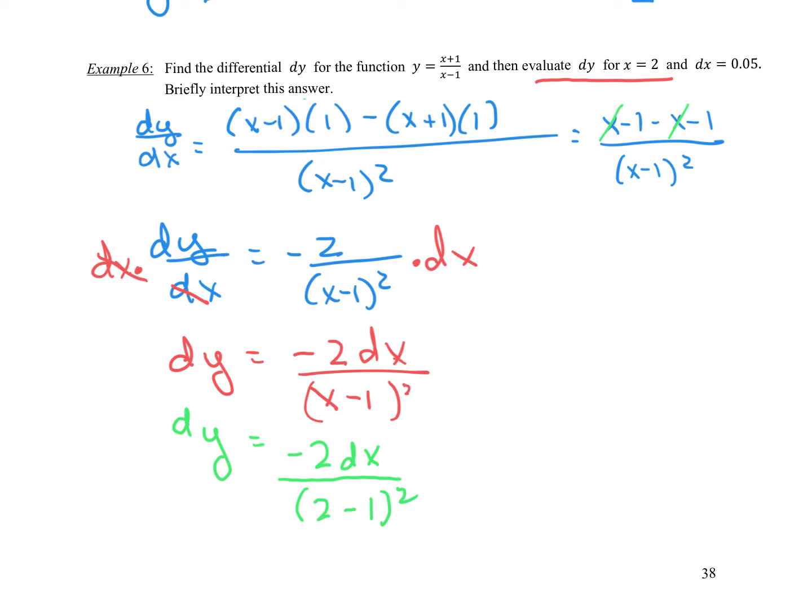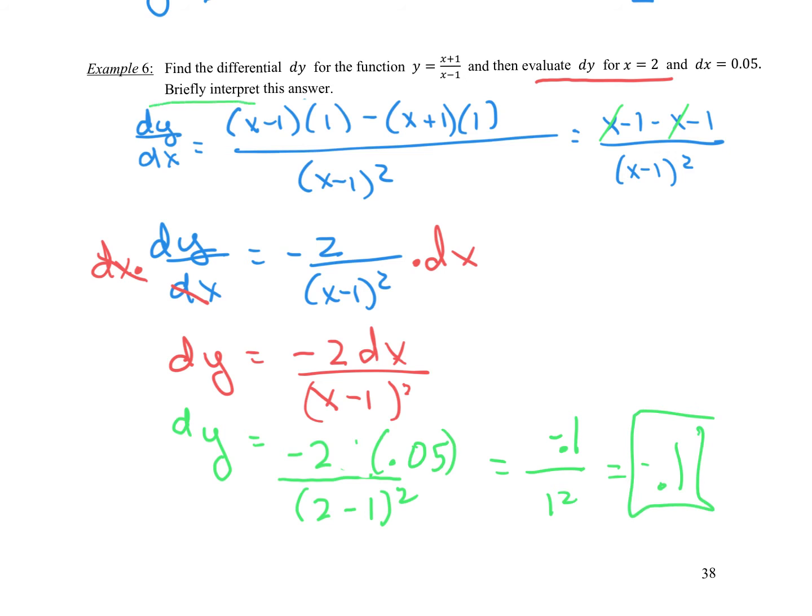So instead of writing my dx here, which is very new to us, we are just going to write 0.05, what they told us dx equals, yes? All right, so there we have it, okay?